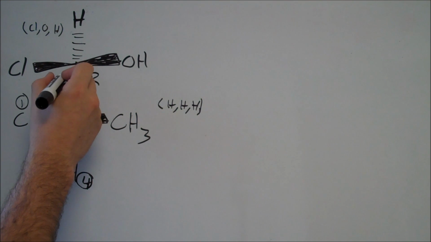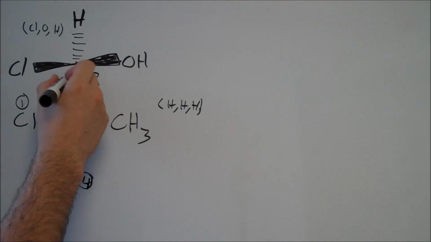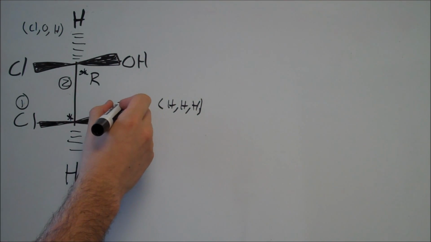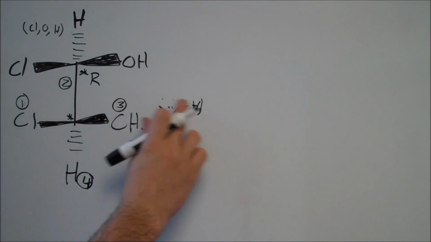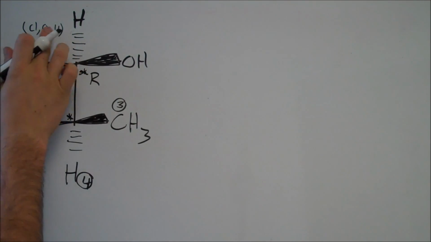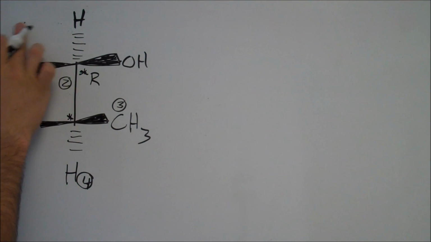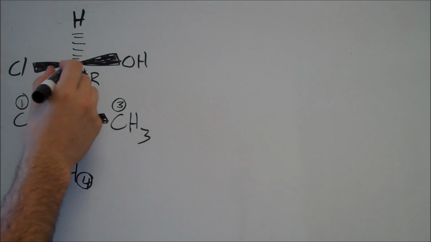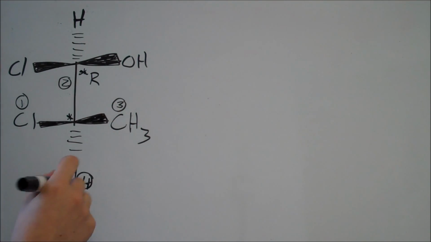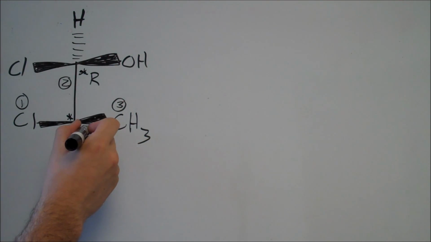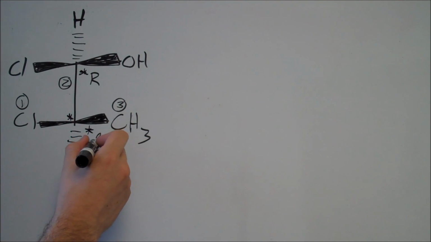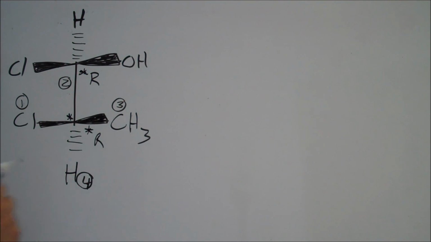We already have 1, so this will be our number 2 group. This is our number 4, and that means this is number 3. Okay, so now we can look for R and S. We have 1, 2, 3, and our number 4 group is back. We're looking at it in a clockwise rotation, so this is also going to be an R chirality center.